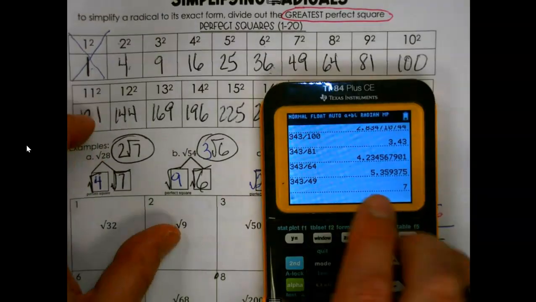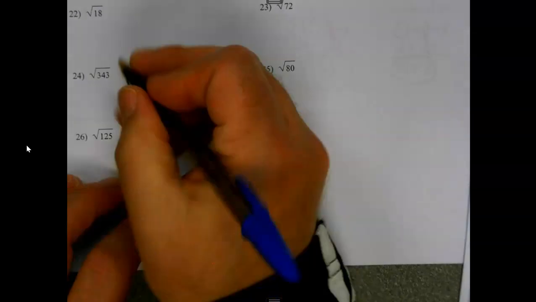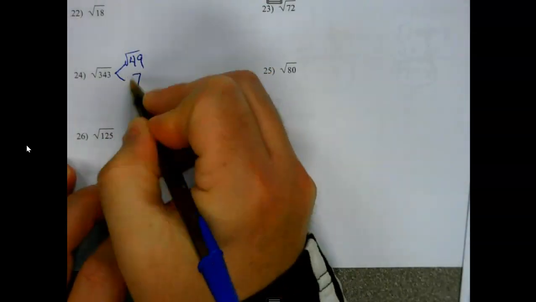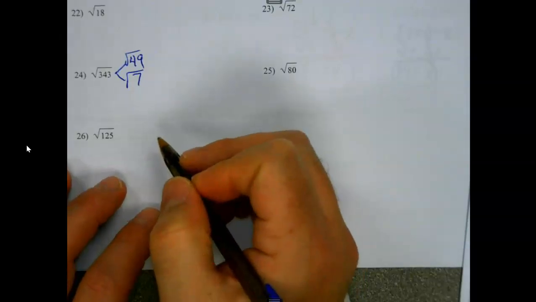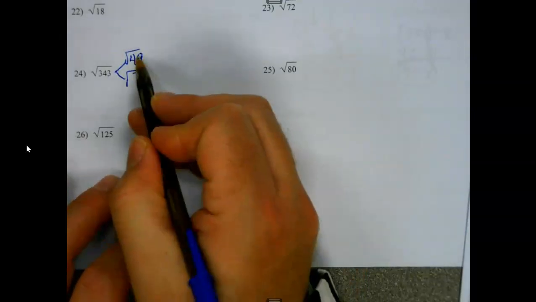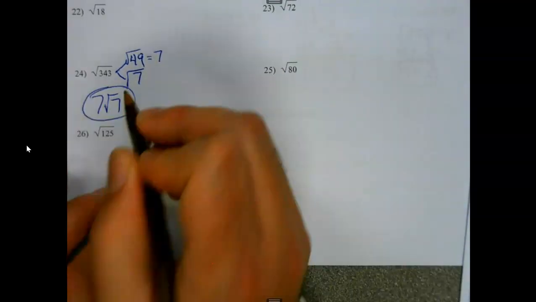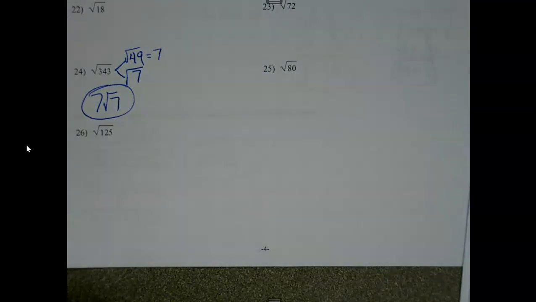So 49 and 7 is going to get me there. Ooh, 7s are wild. Maybe it's my lucky day. Square root of 49 is 7. That stays under the radical. And we're going to be good with that.